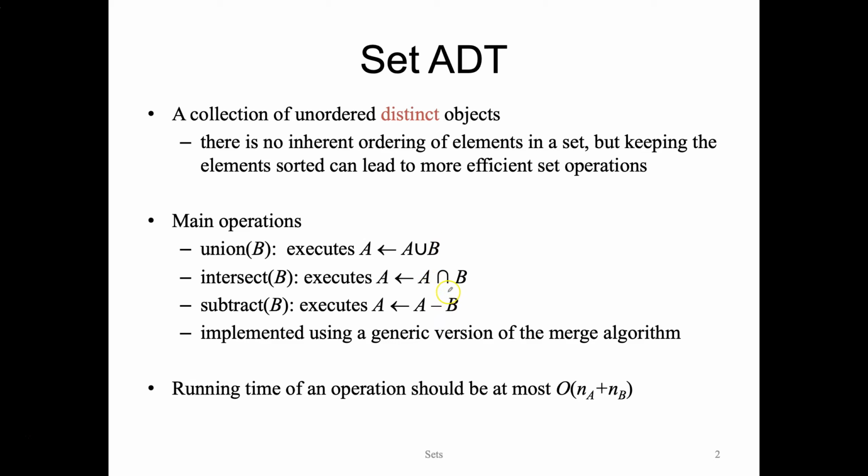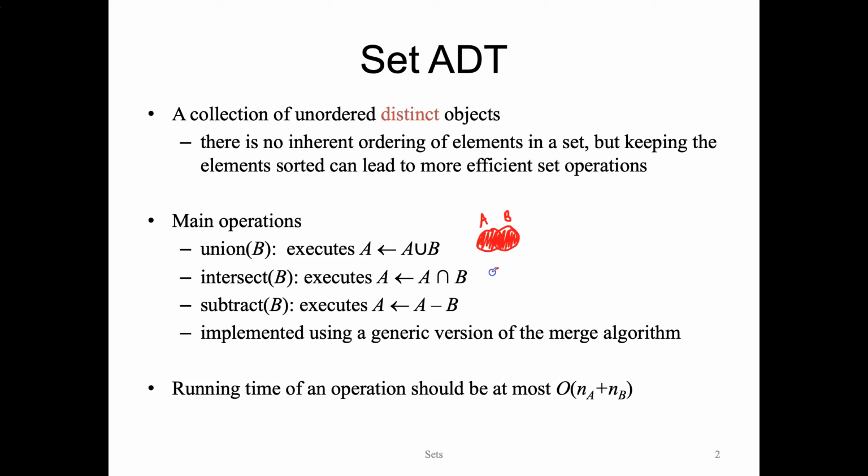So as a quick reminder here, the union of two sets, if we have, let's say, here is the set A and here is the set B, the union of these two sets consists of every element that's either in set A or in set B or in both of them.